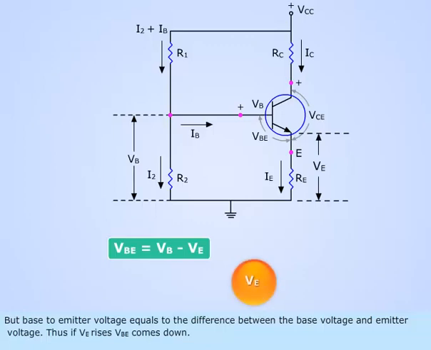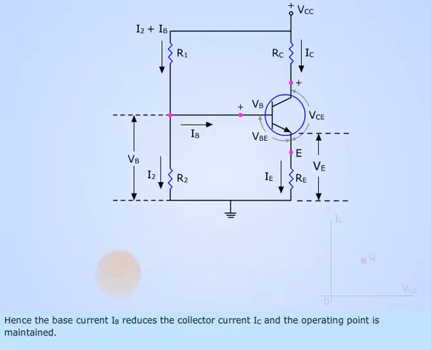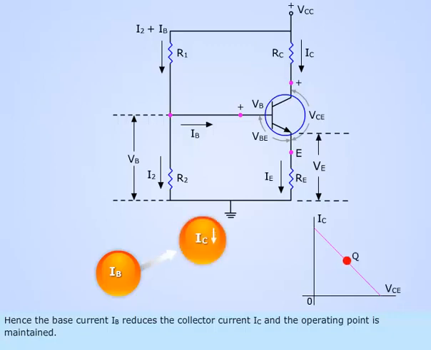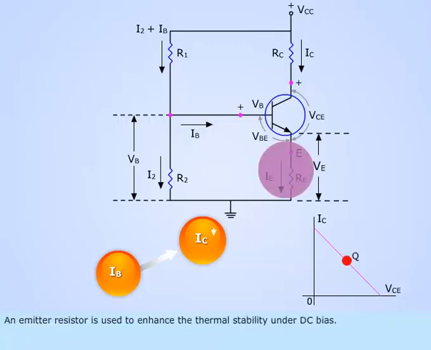Thus, if V sub E rises, V sub BE comes down. Hence, the base current I sub B reduces, which reduces the collector current I sub C, and the operating point is maintained. An emitter resistor is used to enhance the thermal stability under DC bias.